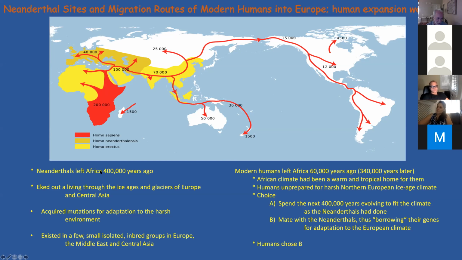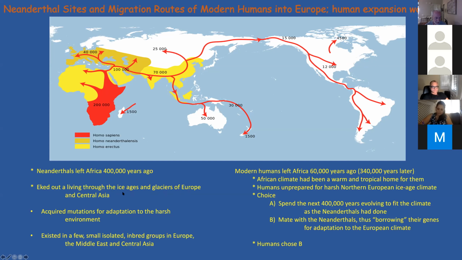The Neanderthals left Africa about 400,000 years ago. And they had a tough life. They eked out a living because this was during the ice ages, several of them, and glaciers in Europe and Central Asia.